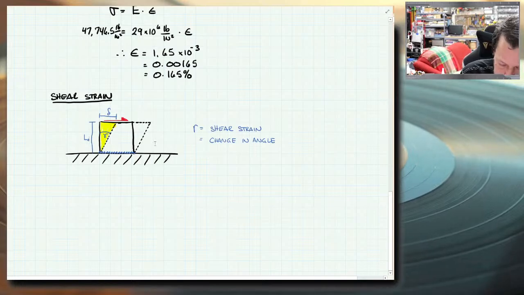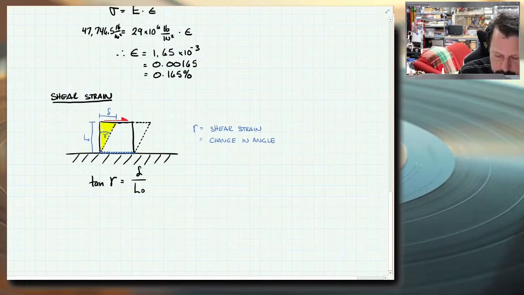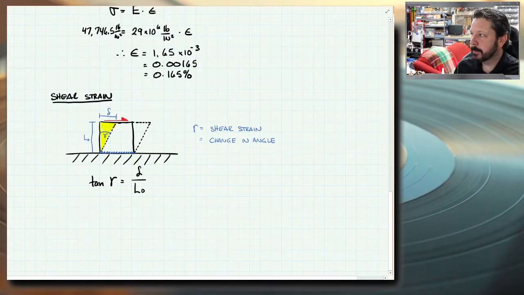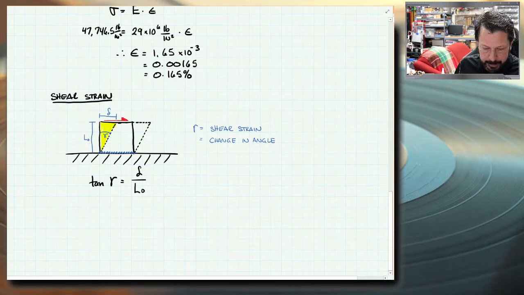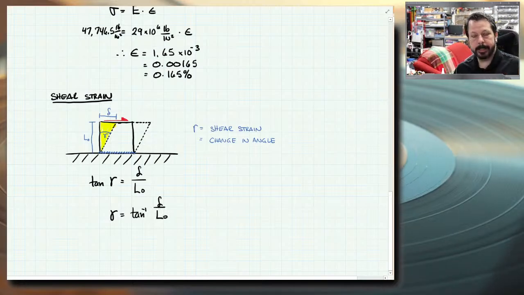And so to calculate that angle, the tangent of our angle gamma equals the opposite side, delta, over the adjacent side, which I called L or L naught or whatever you want to call it. And so therefore, we could solve for gamma: gamma equals the inverse tangent of delta over that side length.